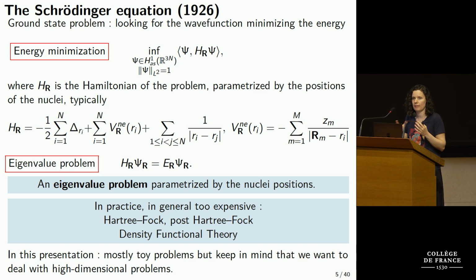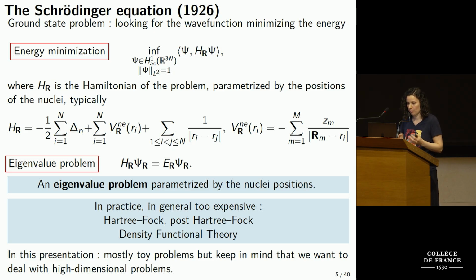In practice, this equation is way too expensive to be solved exactly. So the physicists and the chemists have been working on developing many approximations over the past 60 years, such as Hartree-Fock, post-Hartree-Fock, or density functional theory.